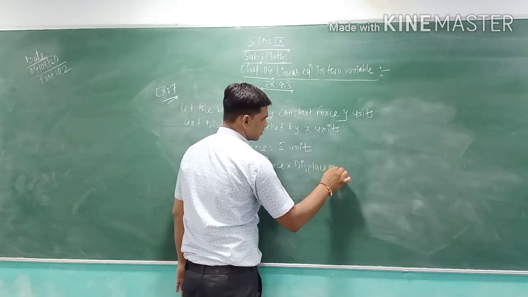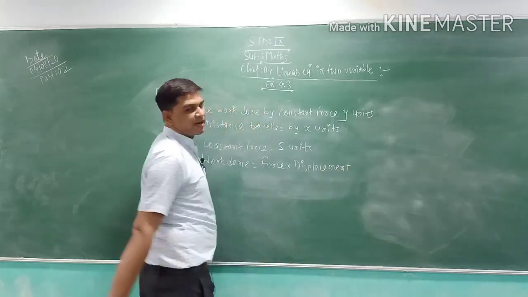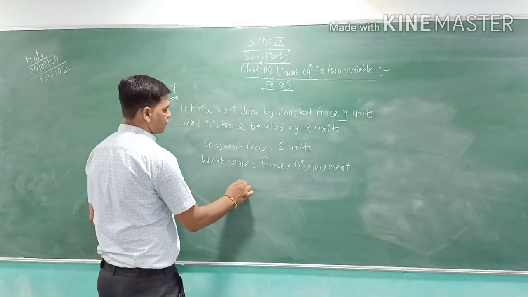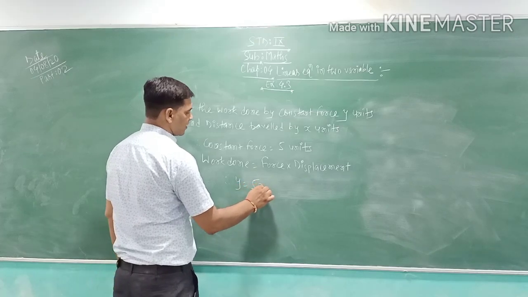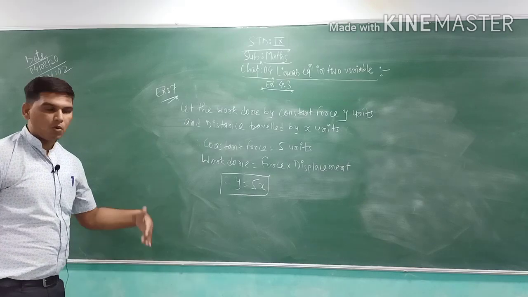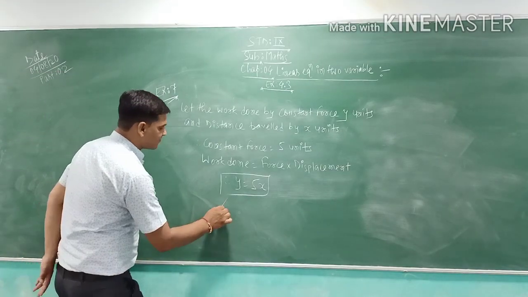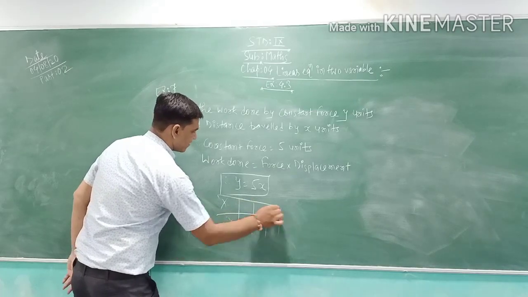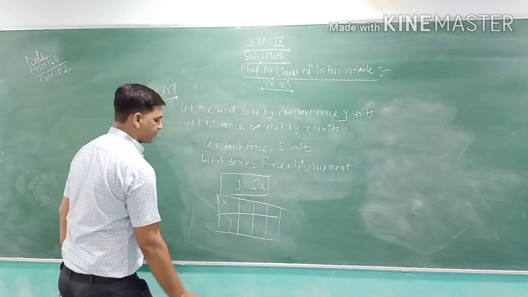Work done is equal to force into displacement. So y is equal to 5x. That is the equation. Now using the equation I will find the value of x and y.